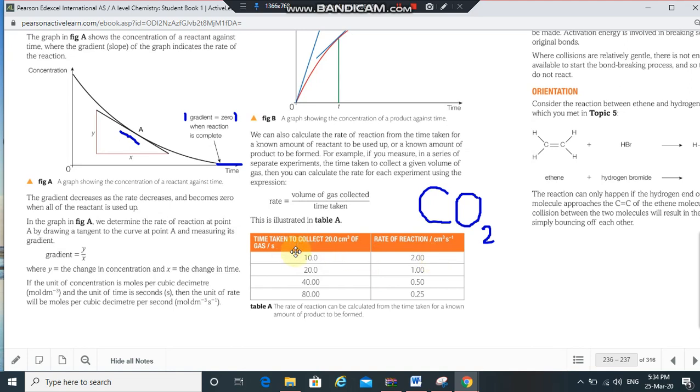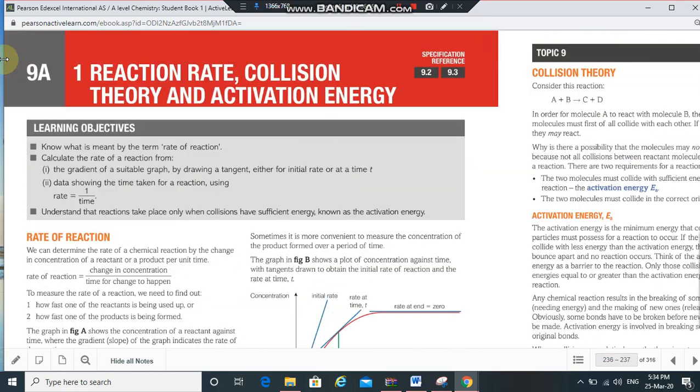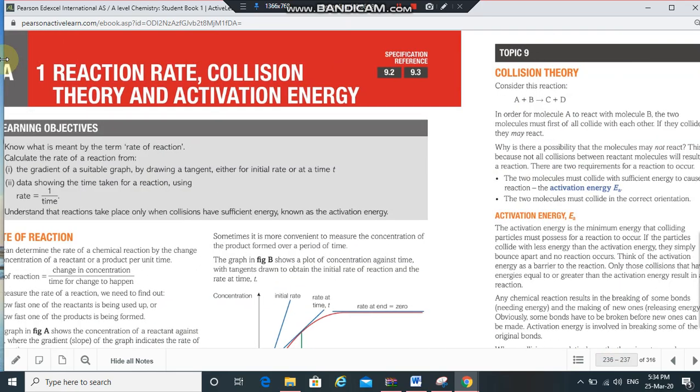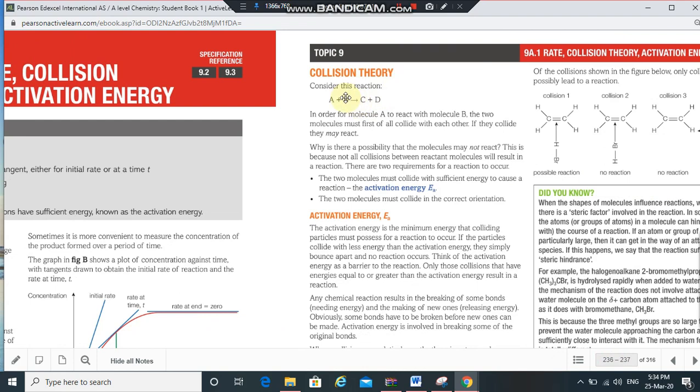Okay. When we have a chemical reaction, in order to have a chemical reaction, we need collision to happen between molecules or reactants. Consider a chemical reaction between molecule A and B to produce C and D. Okay?